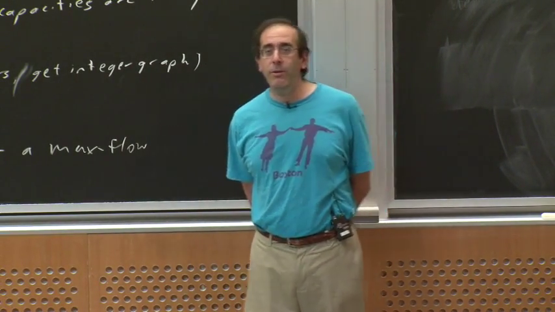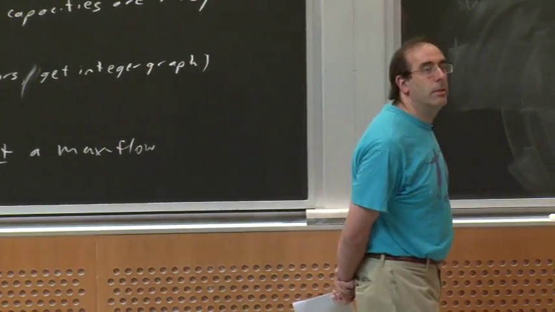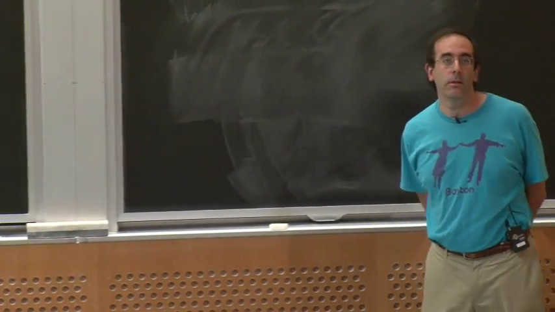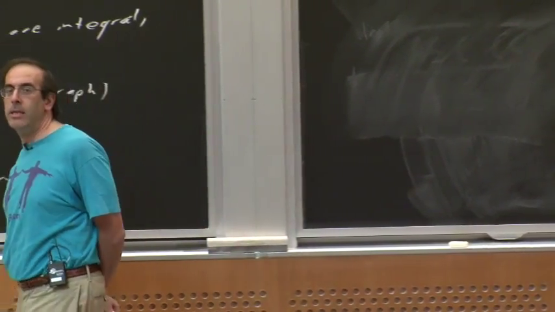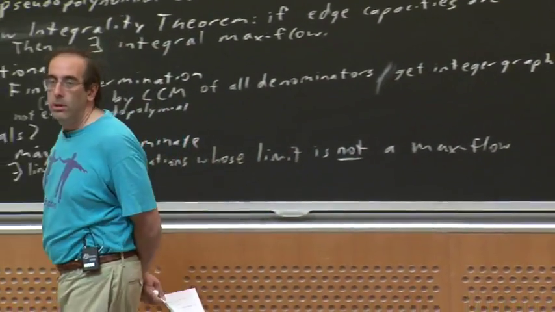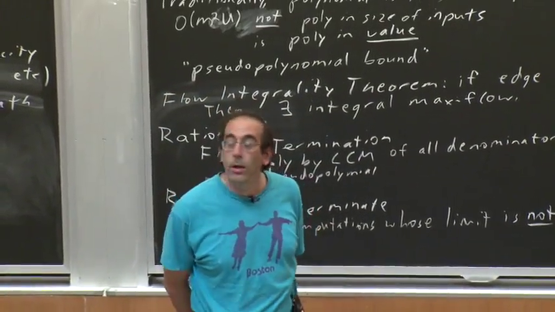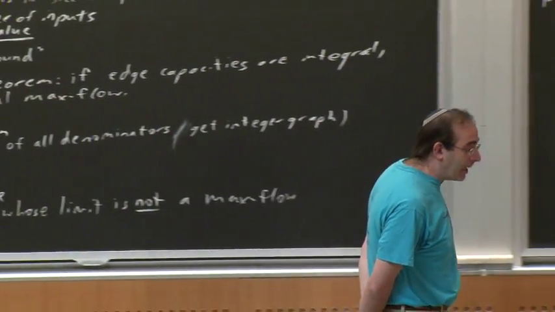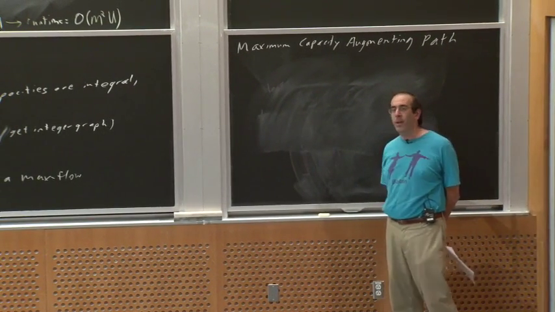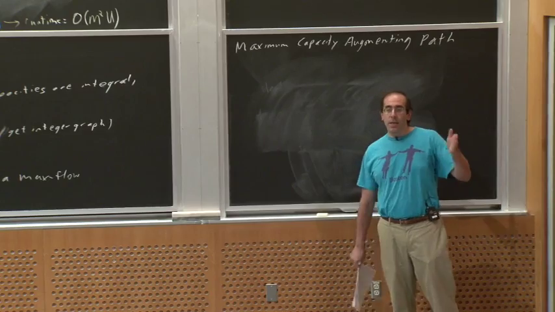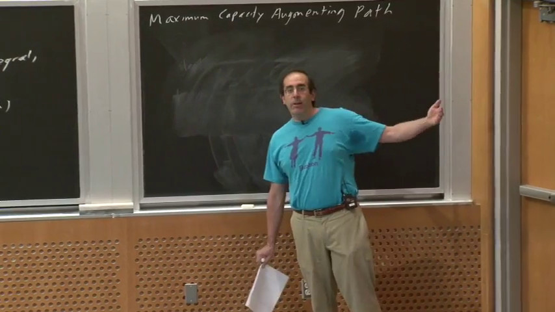So does this remind you of anything? Trying to maximize the minimum value on a path? Suppose that I just told you I wanted, not a path, but a spanning tree, where I maximize the minimum value. Does that remind you of anything? We can do binary search on the minimum. Okay, so yes, we can guess the maximum value of the minimum, right? And we can use a binary search and say, is there a path where every edge has value greater than k? If there is, then I'll increase my guess for k.